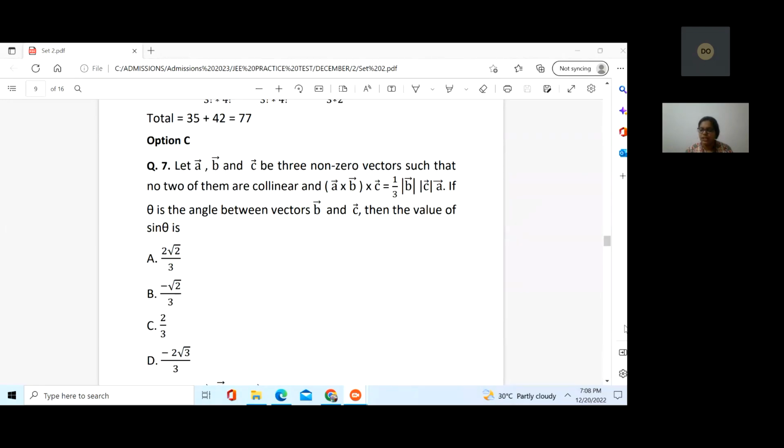If you have received the answer, you can type that in the chat box and we can start the discussion of the question.